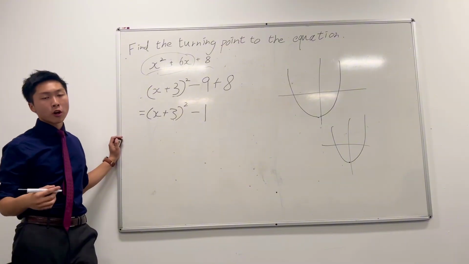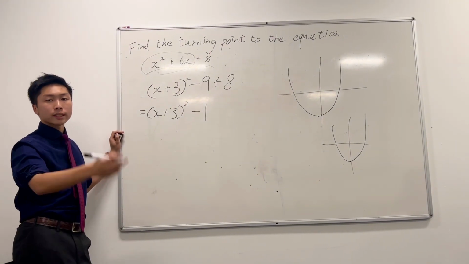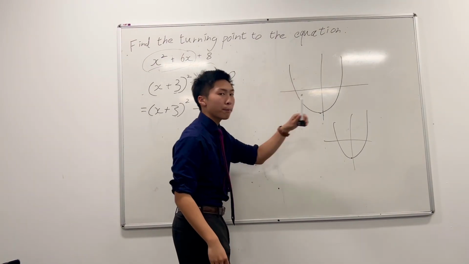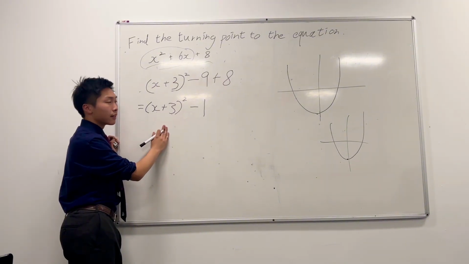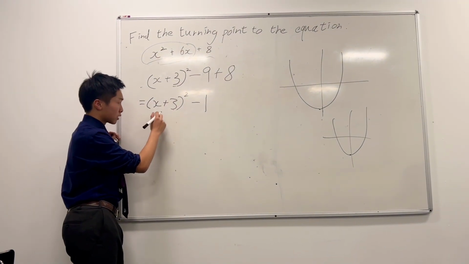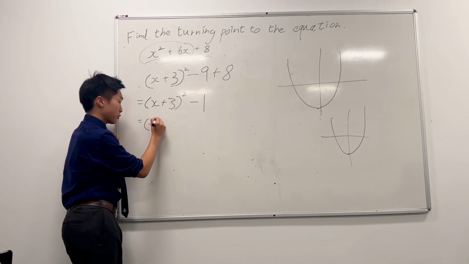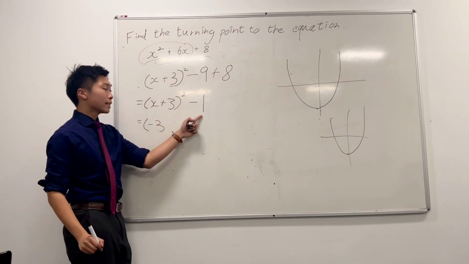So how do we get the turning point from this? Because this isn't like opening double brackets where you get 2 x's or whatever, because like I said, that turning point is that only one point. There's no replica of the turning point. Because this x is in the bracket, it needs to be opposite of this, which means the x value is negative 3. And outside, this is the y value.